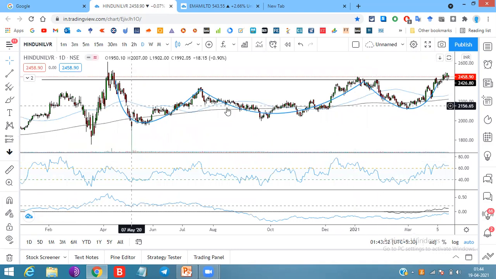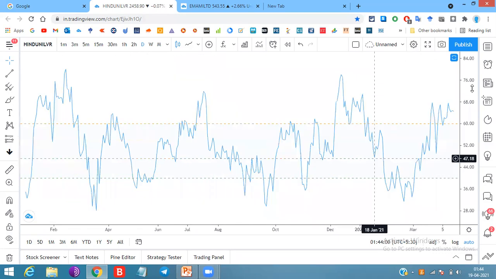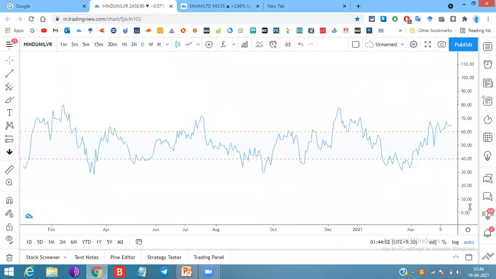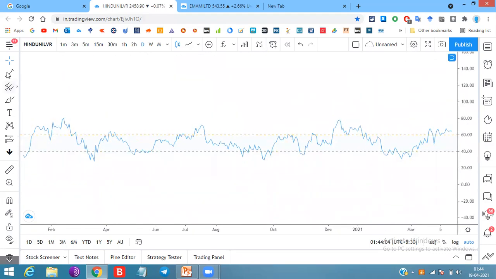So in Hindustan Unilever, I could plot somewhat like a VCP pattern. Let me look at the RSI.